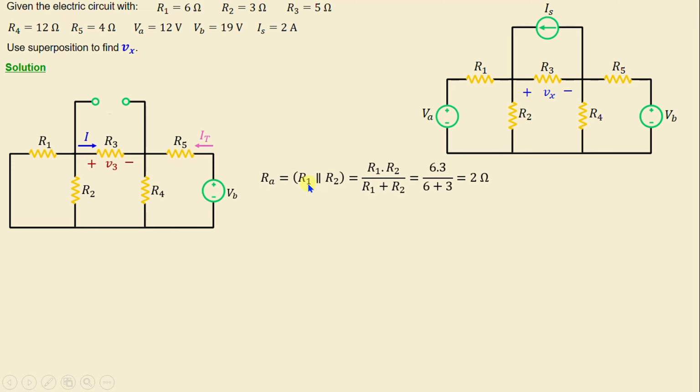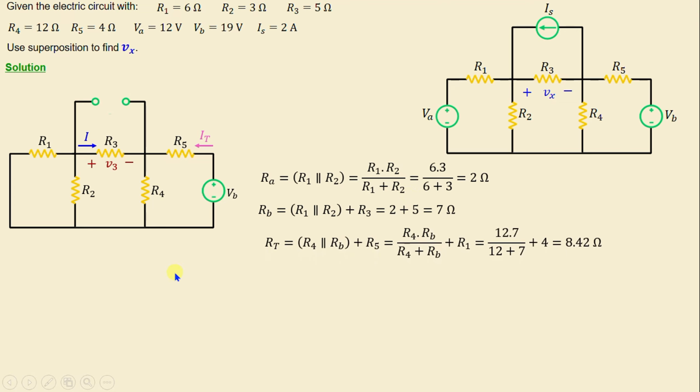Ra represents the parallel combination of R1 and R2, equal to R1 times R2 over R1 plus R2. We get 2 ohms. And Rb represents the parallel combination of R1 and R2 in series with R3. We get 7 ohms.